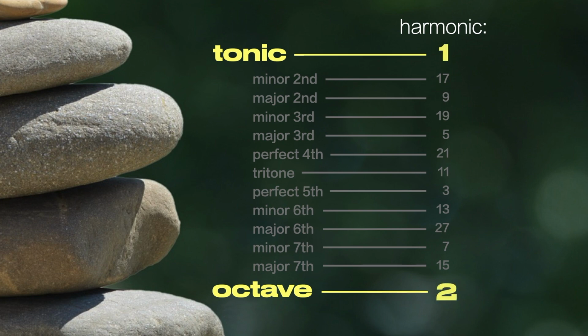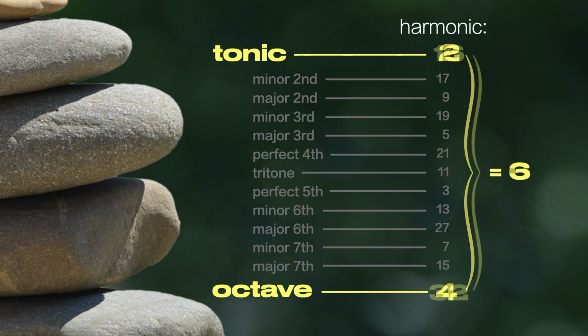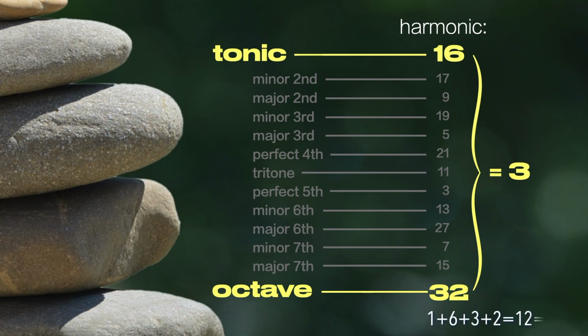The octave of 1 Hz and 2 Hz are both expressing the power of 2, but when combined together they add up to 3. Likewise, the octave of 2 Hz and 4 Hz adds up to 6, while the octave of 16 Hz and 32 Hz reduces back down to 3.